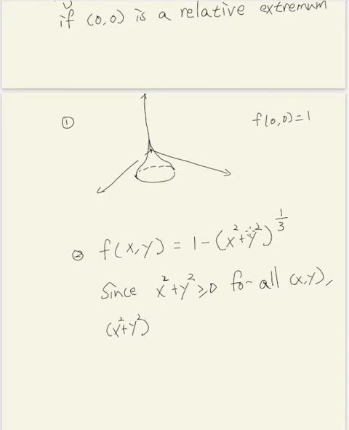You take a non-negative number to the power of 1 over 3, you still get a non-negative number. And that tells you f of x and y is smaller than or equal to 1 for all x, y.